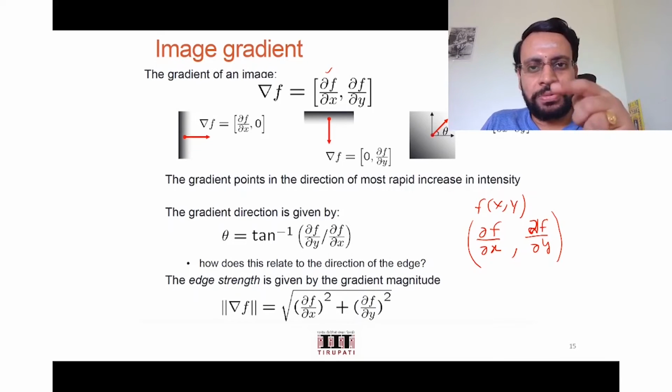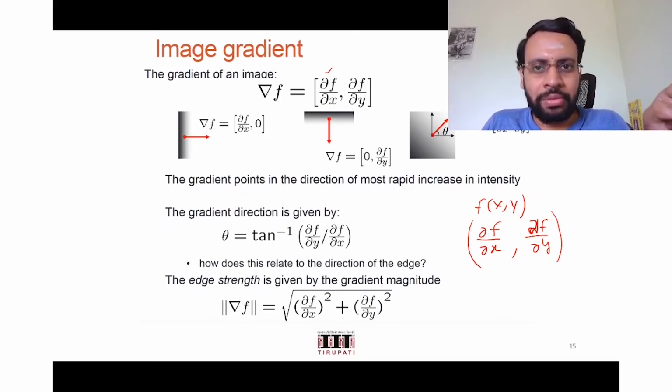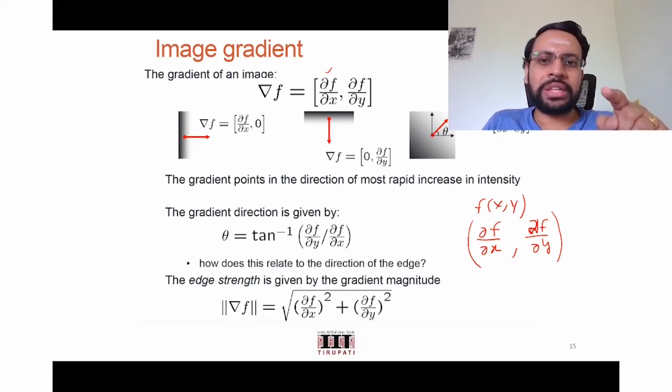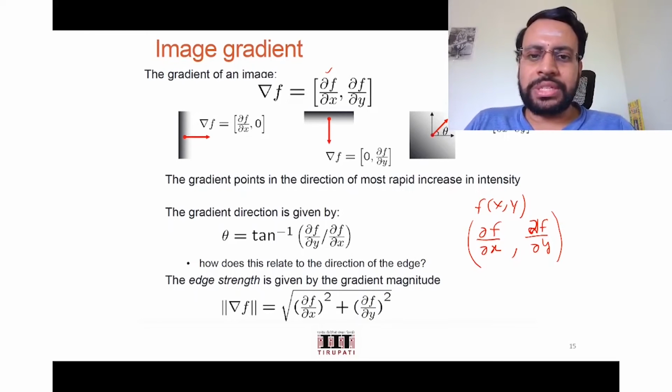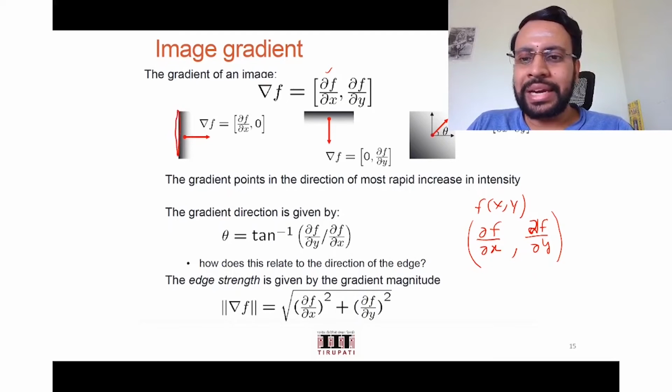Your function f is now no more f(x, y), but rather f(x, y, z). Now, what would be the nature of these gradients? Let's say you consider a vertical edge.